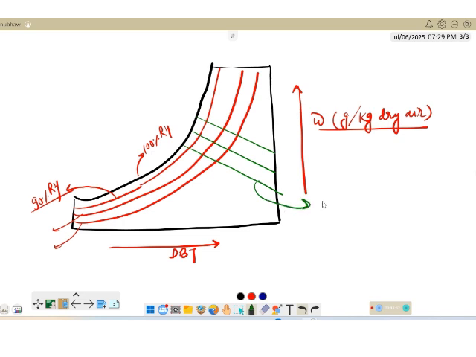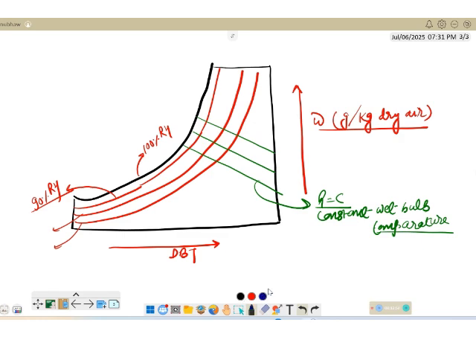So in this, H will remain constant, and these are the constant wet bulb temperature lines.